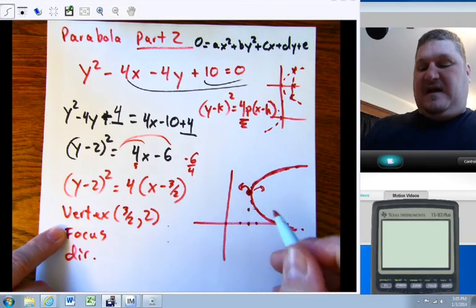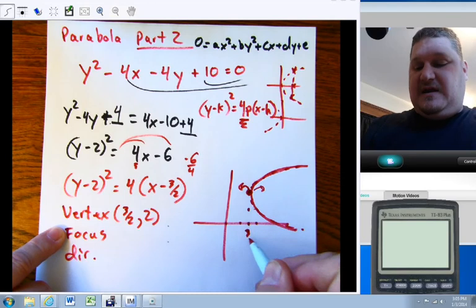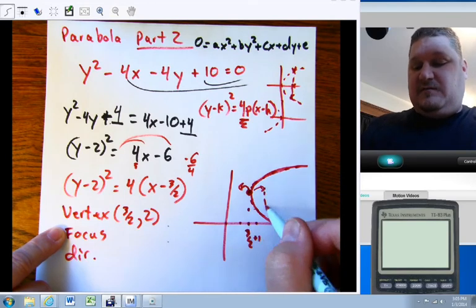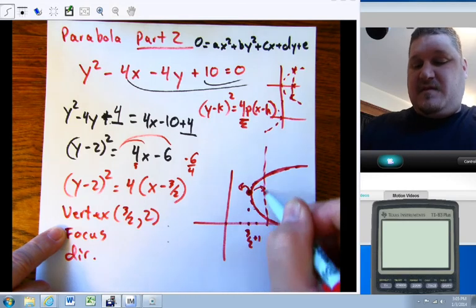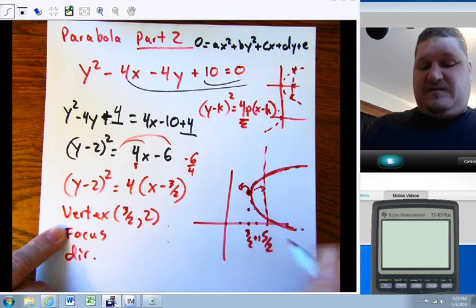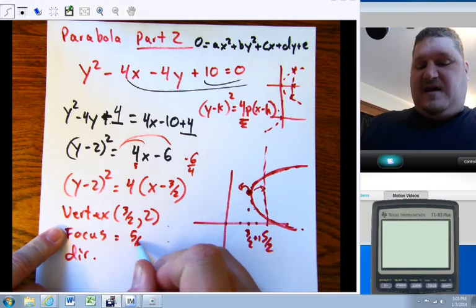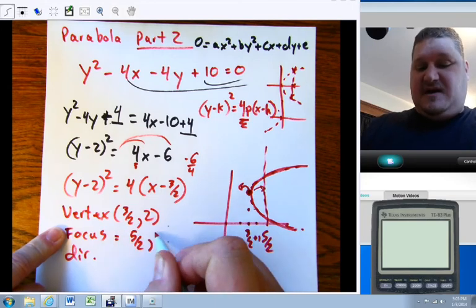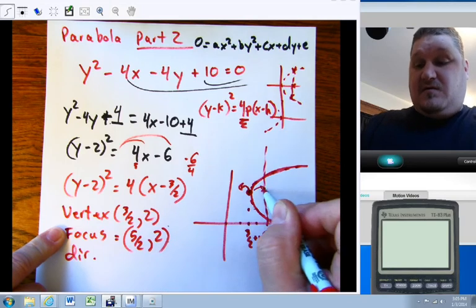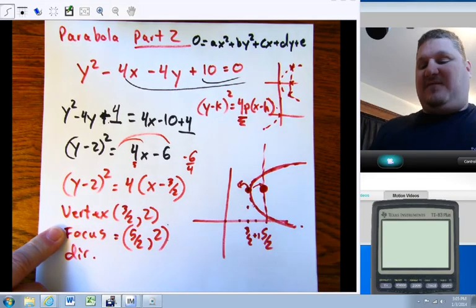So that's easy. If this is at 3 halves, 3 halves plus 1 equals 5 halves. So the focus is going to be 5 halves, comma, same height, 2, right here, or 2 1/2.